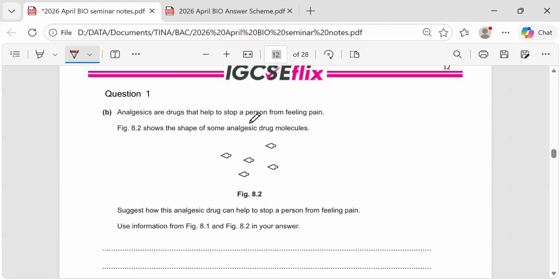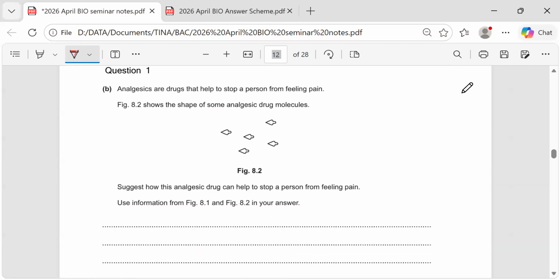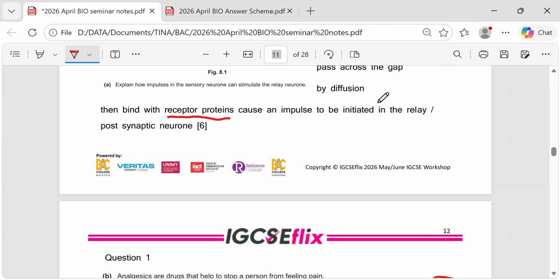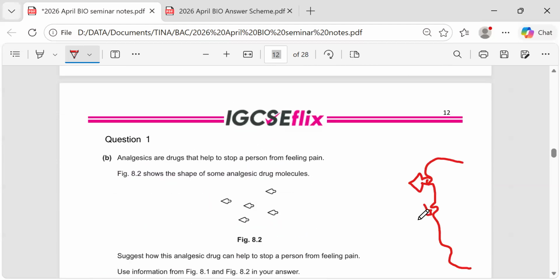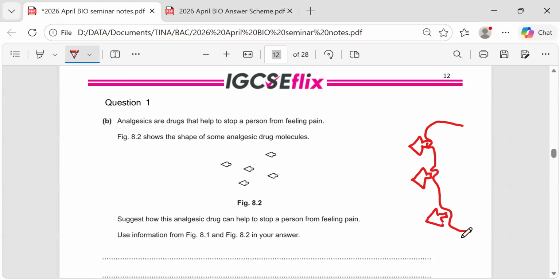Now this question. Analgesics are drugs that help to stop the person from feeling pain. It shows the shape of some analgesic drugs. If you look at this, this is still complementary like that. It will block. It's not the same, but it's similar, and it will block, but it will not send an impulse. Because of that, the person doesn't feel pain.